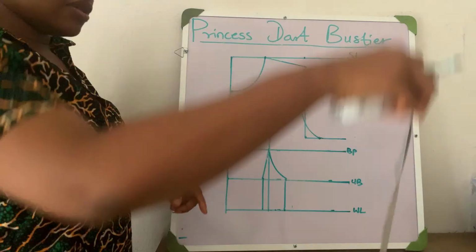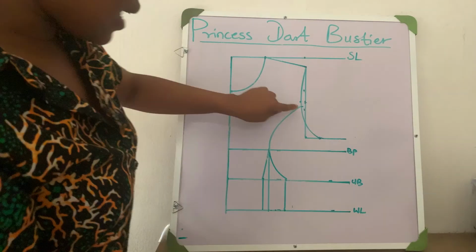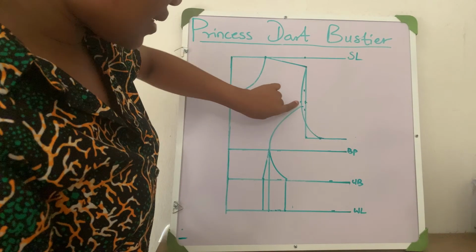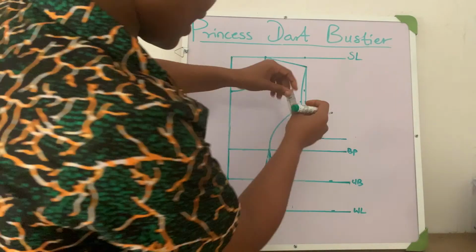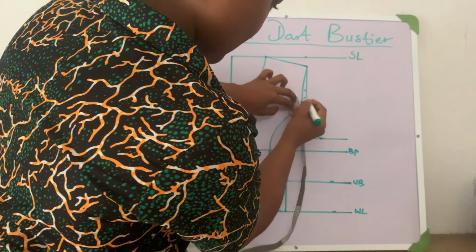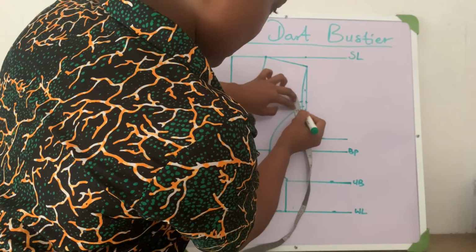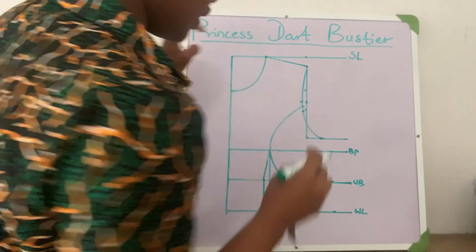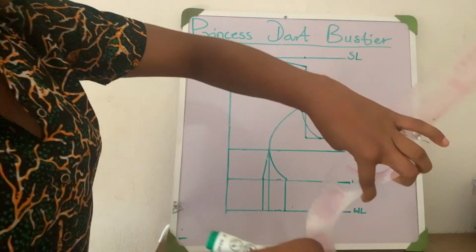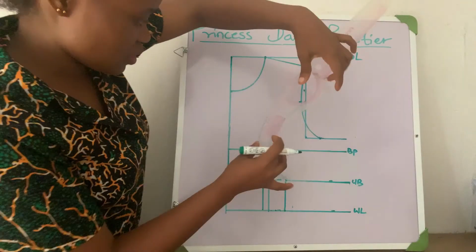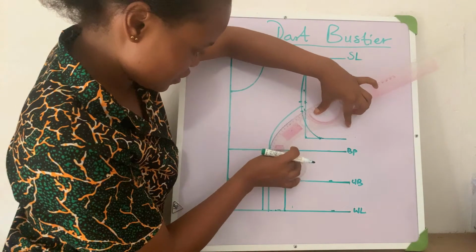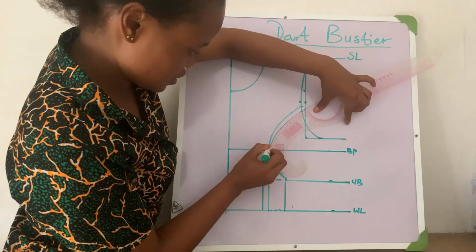Now to mark the darts at this point, you will go out here by 1/2 inch and come down by 1/2 inch as well. So 1/2 inch here and 1/2 inch here. Then you connect towards the bust point as well, using a curve.